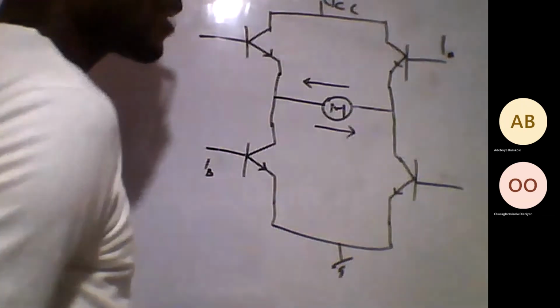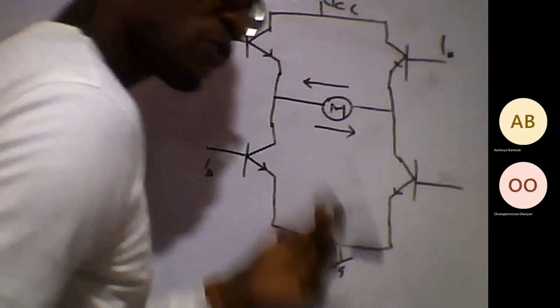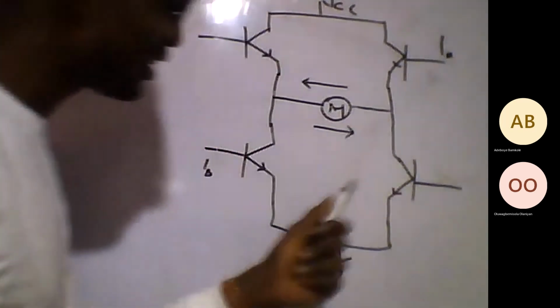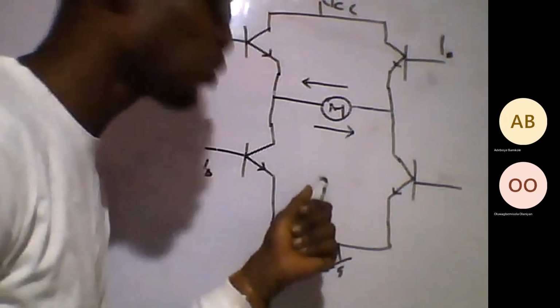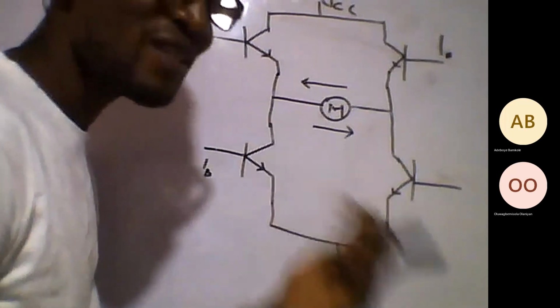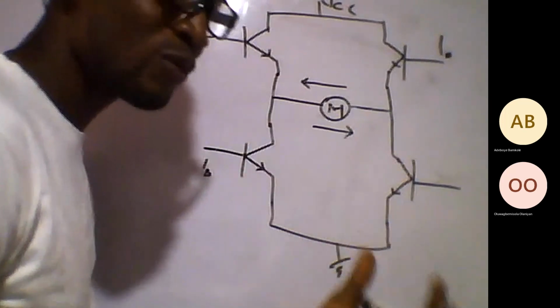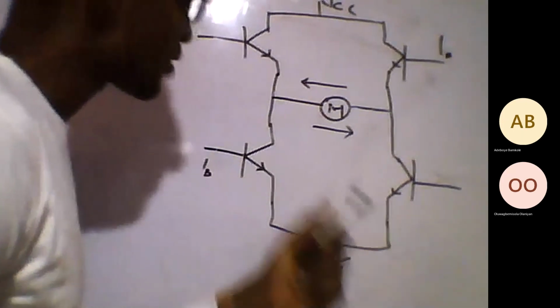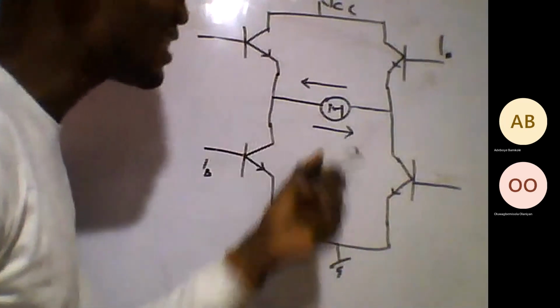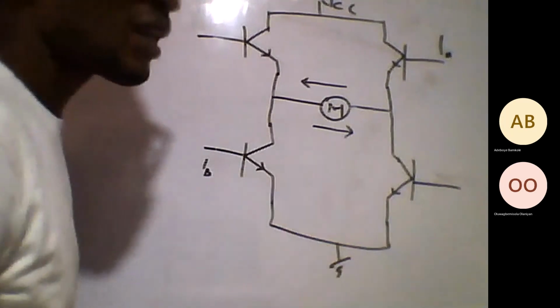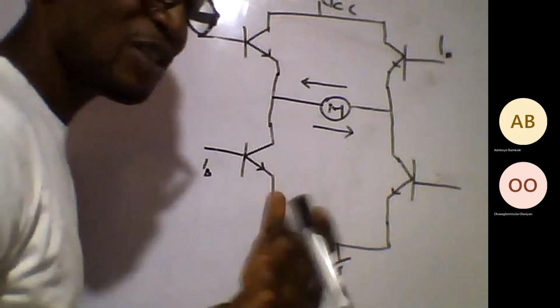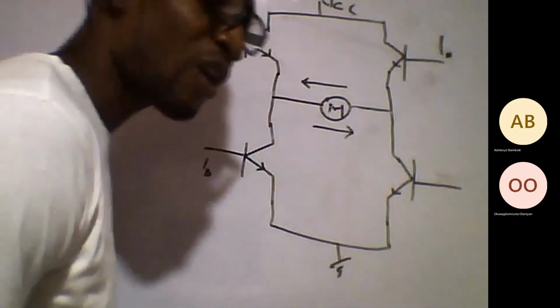However, this H bridge is very useful. Its usefulness and relevance go beyond toy cars or moving motors. In your inverters at home and some other things, this H bridge is there. How does your alternating circuit work?